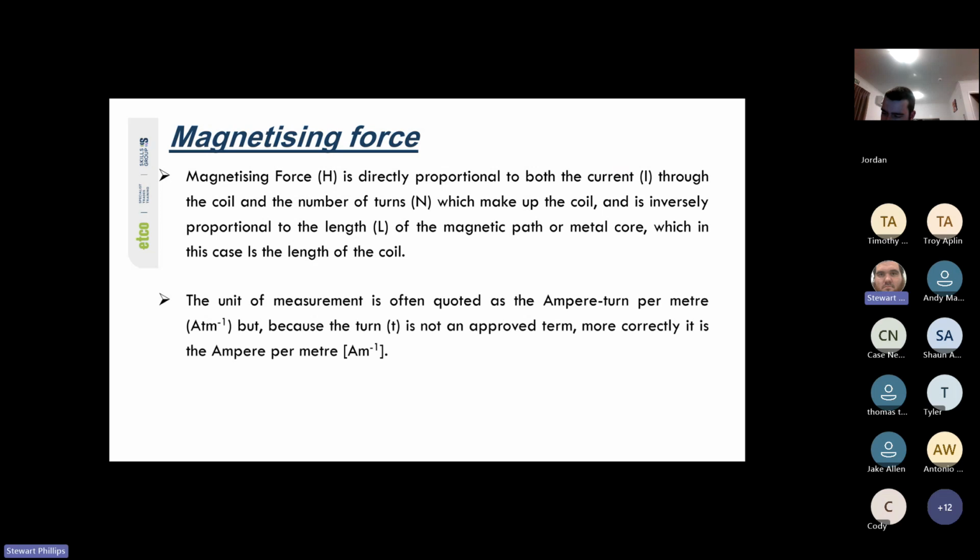The unit of measurement is often quoted as the ampere turn per meter, but because the turn T is not an approved term, more correctly it is the ampere per meter, A/m. And the equation is H equals N times I divided by L: the number of turns times the current divided by the length of the coil.